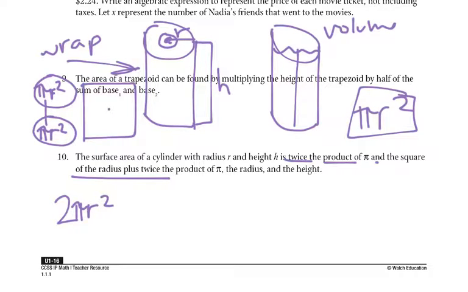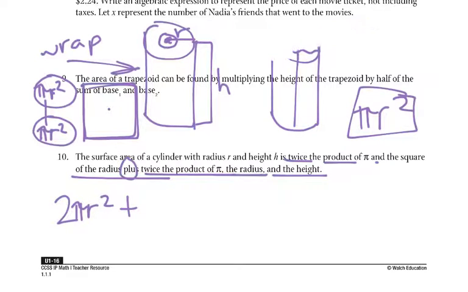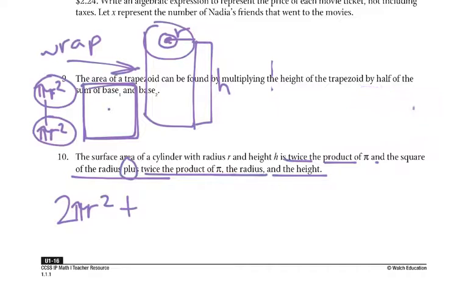Plus twice the product of pi, the radius, and the height. Okay, now that has to deal with thinking about this part, the rectangular part. Because in a cylinder, and let me clear some space, as we unwrap that, that would give us a long rectangle.